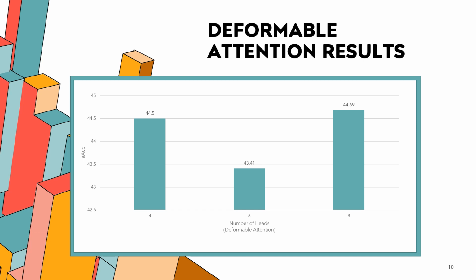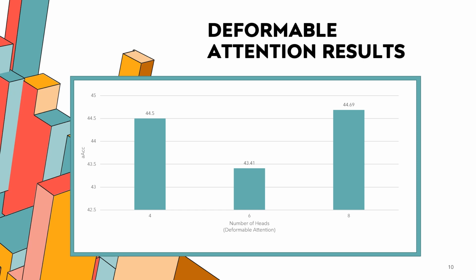Surprisingly, as shown here in this plot, the default configuration of 6 attention heads performed the worst of the 3. Increasing the number of heads to 8 did increase the performance as expected, but decreasing the number of heads to 4 also increased the performance from the default, which surprised us. 8 heads performed the best at 44.69% accuracy, while 6 and 4 heads had 43.41 and 44.5% accuracy respectively.